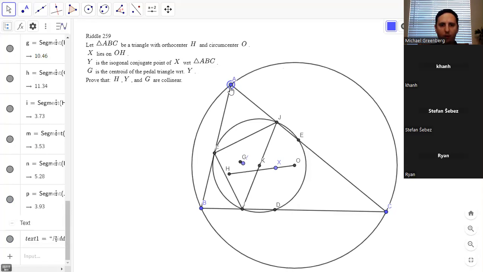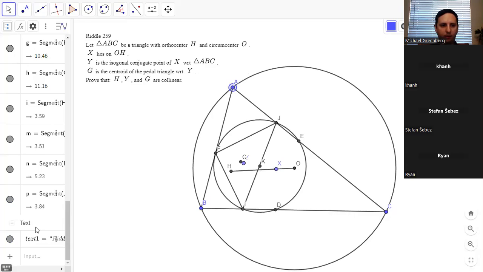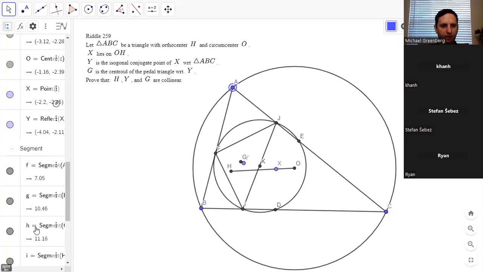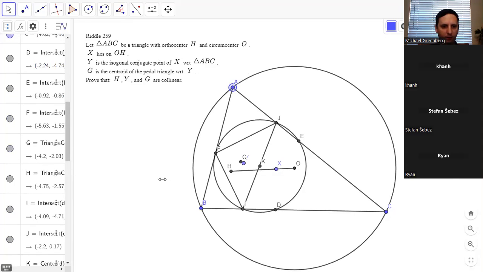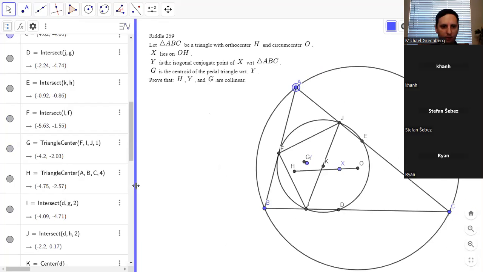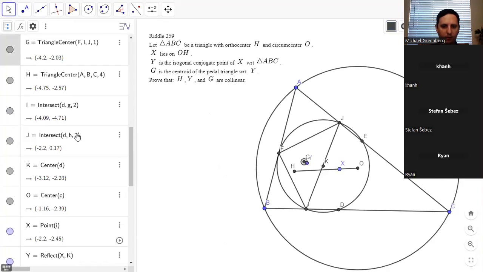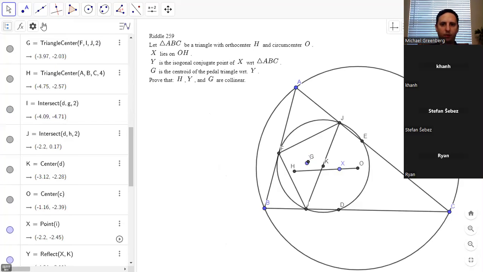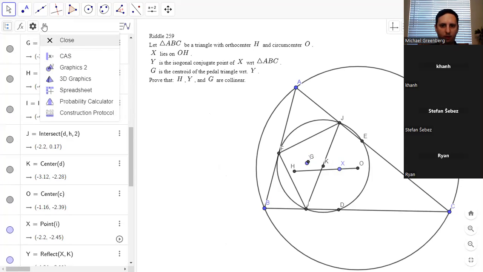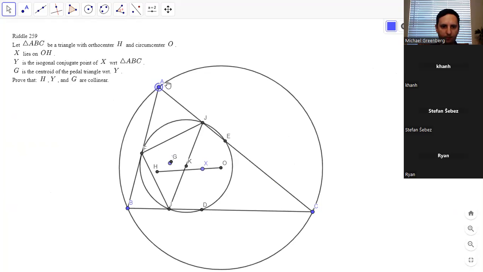So I don't know. Oh no, 1 I think is the incenter. What's 2? I think 2 is the centroid. Yeah. Okay.